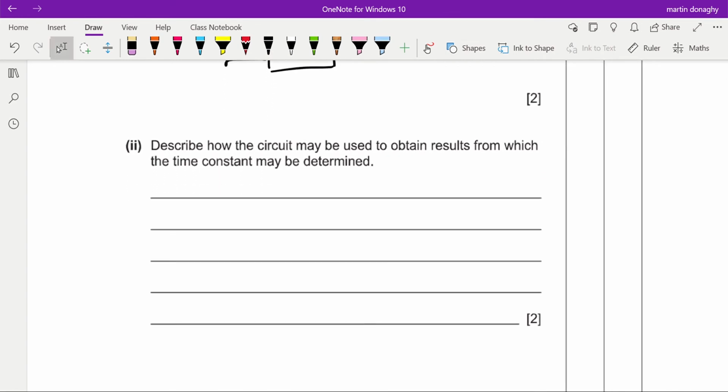Describe how the circuit may be used to obtain results from which the time constant may be determined.